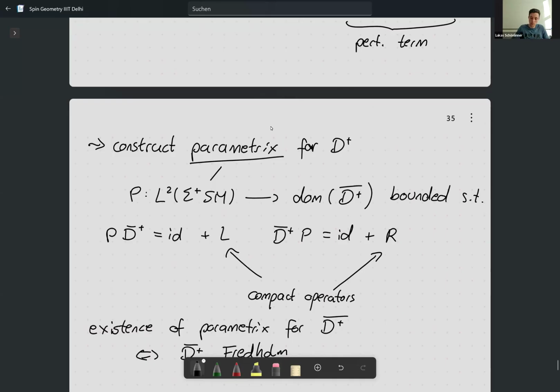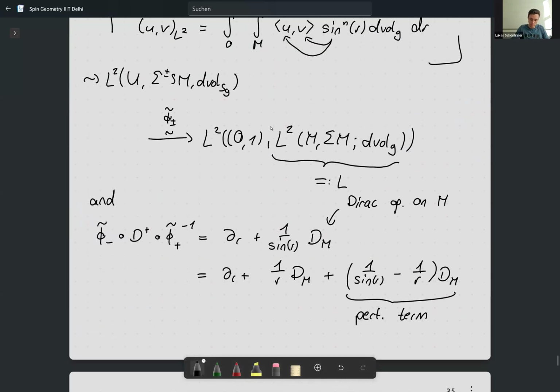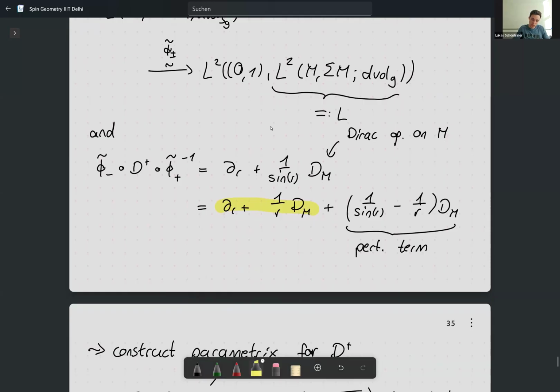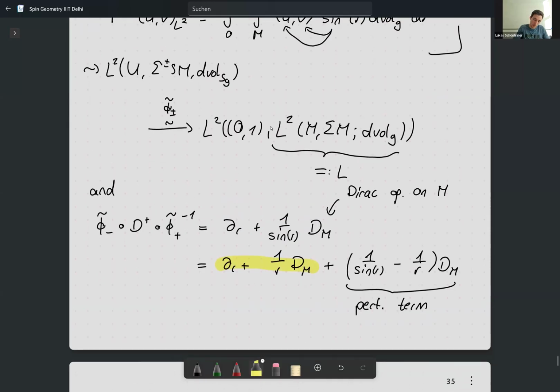Okay, so how do we construct this? Ignoring the perturbation for now, for this part in front we can construct an honest inverse operator and then modify it so that it gets a parametrix over this 0, 1 part here.